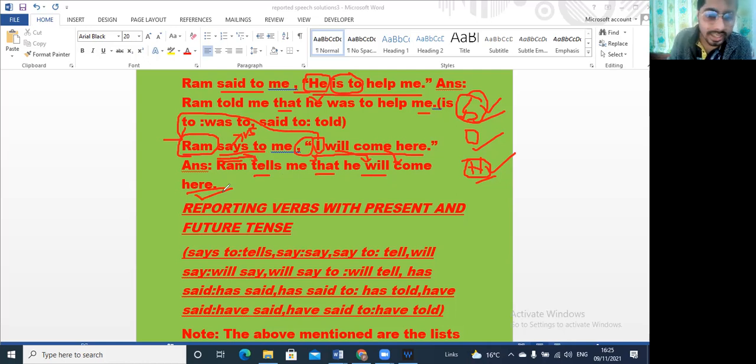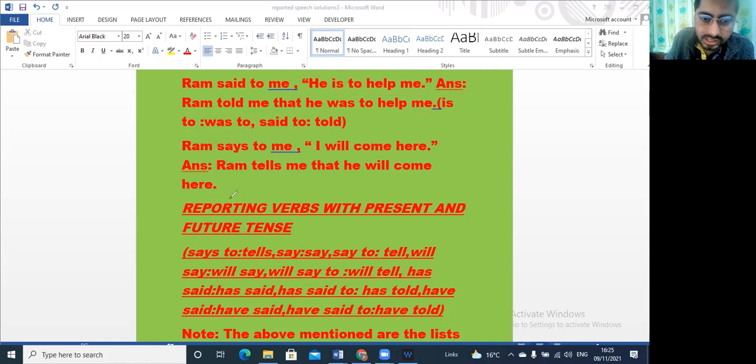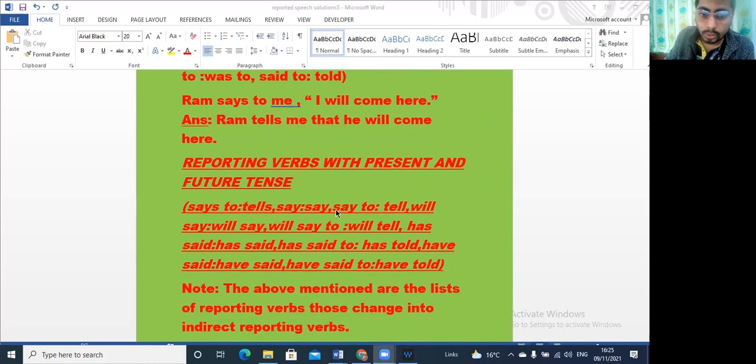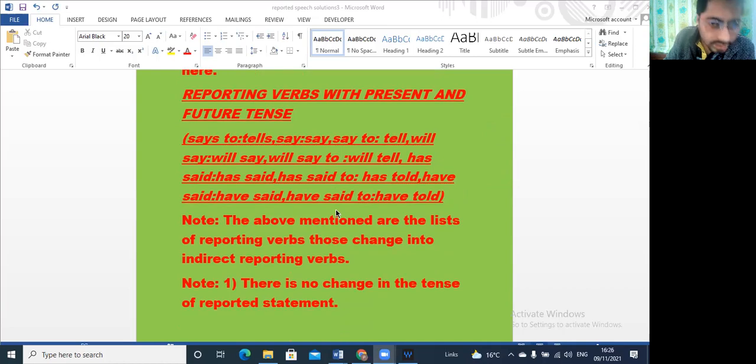Okay, let's move downside to know the important fact about changing adverbs, changing person and reporting verb here. So reporting verb with present and future tense. So you all may see over here, reporting verb with present and future tense.